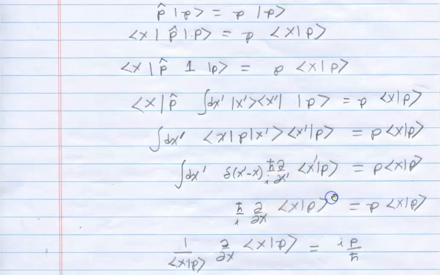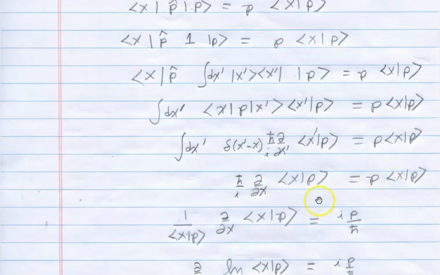Now I've got the same quantities on both sides, and I've got a little equation. p on this side is simply the eigenvalue, so it's a constant number. And I've got a little differential equation I can solve for this bracket term.